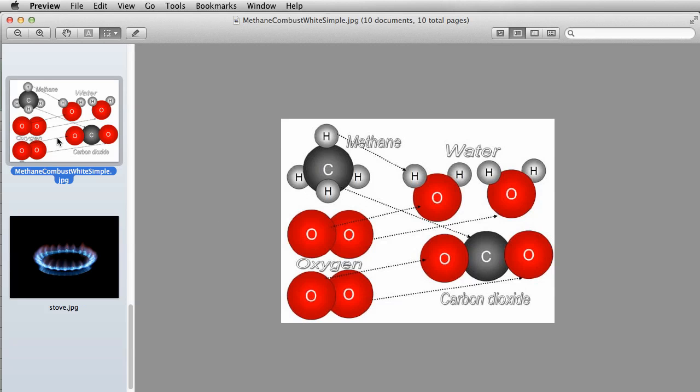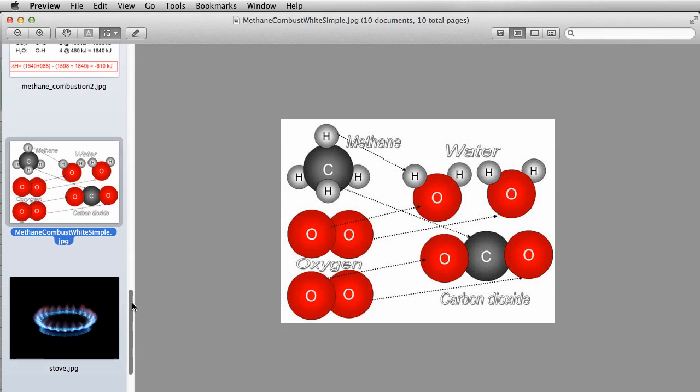So the reaction might look something like this, where you take one methane molecule, CH4, and combine it with two oxygen molecules, and the atoms are rearranged to produce two water molecules, H2O, and one carbon dioxide molecule, as you're seeing over here.